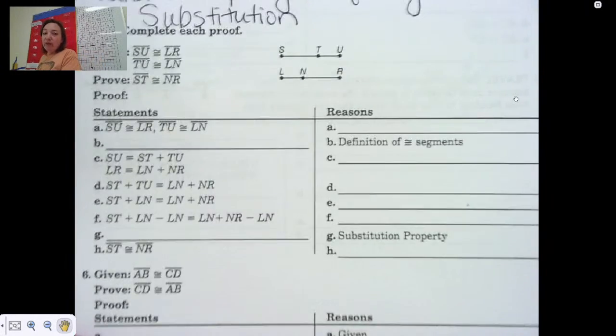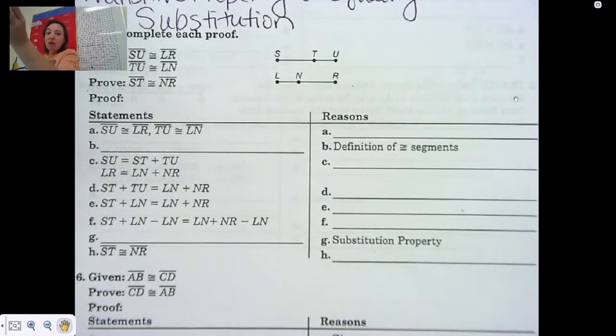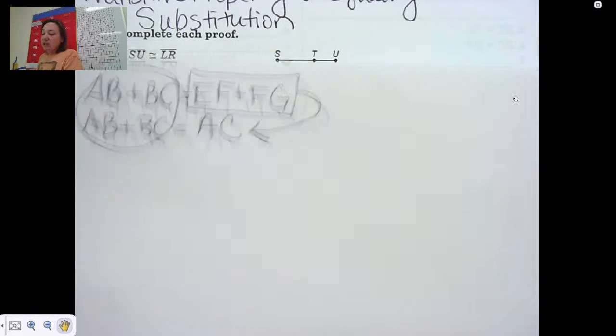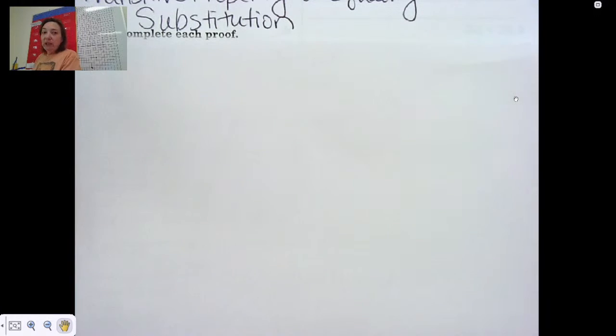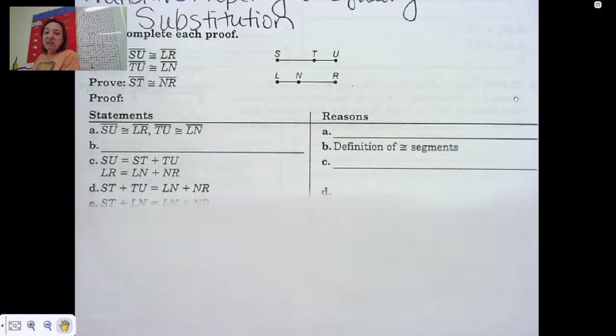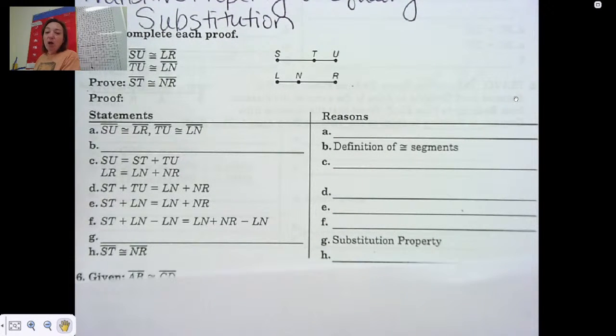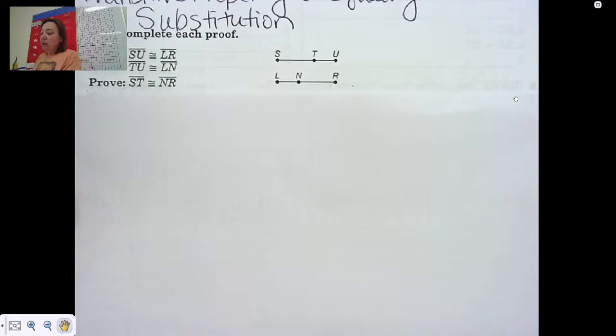Okay, so now we're going to go down here to the bottom. We're going to look at number 5. Now, the directions say complete each proof. Y'all see those directions right there? Complete each proof. And if you look at this, this looks so overwhelming, right? But let's back it up and talk about what a proof is.